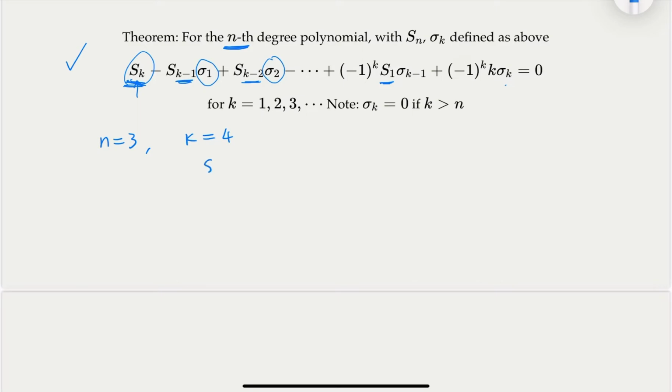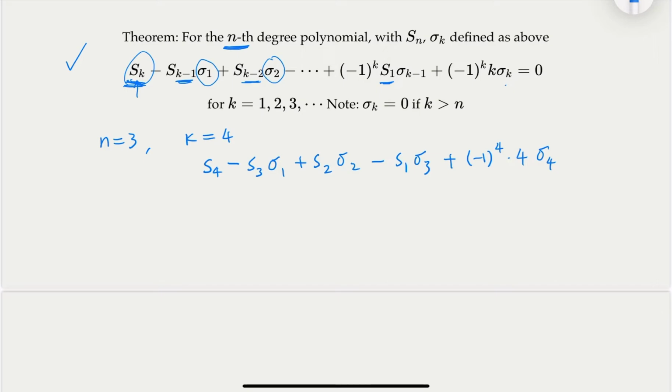S4 minus S3 sigma 1 plus S2 sigma 2, because k equals 4, and then minus S1 sigma 3, and then plus negative 1 to the fourth power times sigma 4.